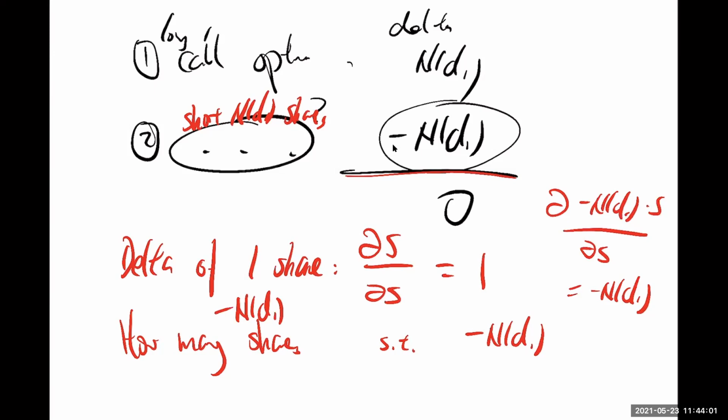Let me ask: if you have to maintain a delta neutral portfolio, how often do you have to rebalance it? Depends on the trends of the stock, because the stock price trend changes the delta, so we need rebalancing.